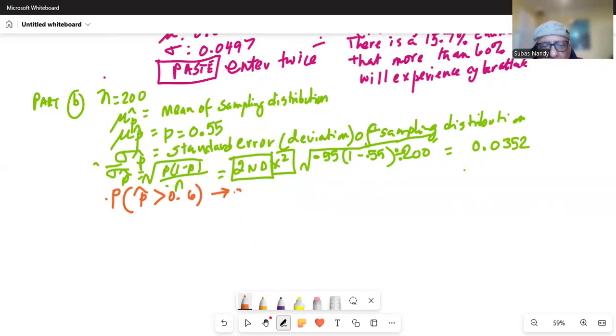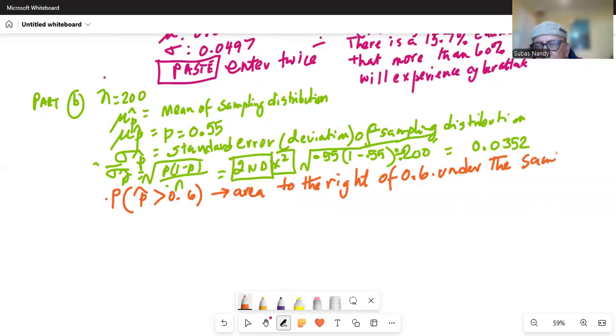As I mentioned before, it's the area to the right of 0.6 under the sampling distribution curve.